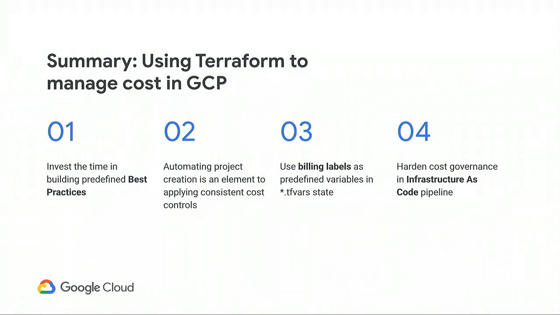So we want to encourage you to use billing labels, but also make sure that you incorporate those labels into your infrastructure as code pipeline. So take all of these cost governance, your billing approach, your billing account association, and really start to apply labels against that, and then make sure that you have that incorporated in your CI/CD pipeline.